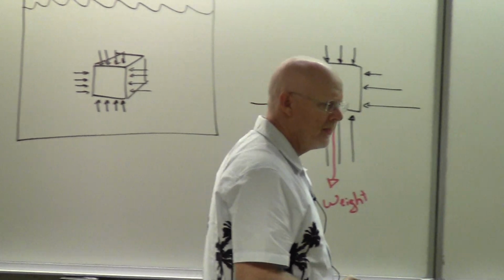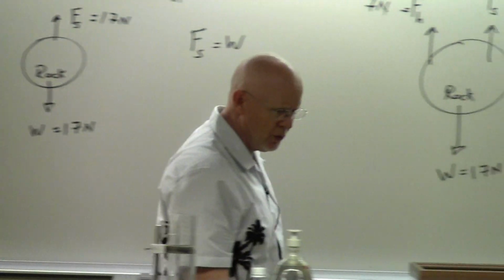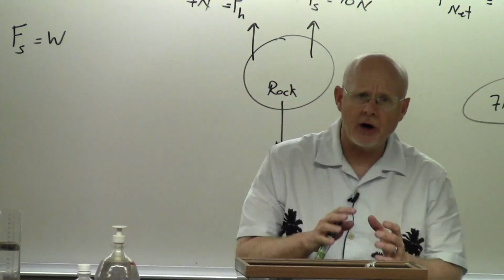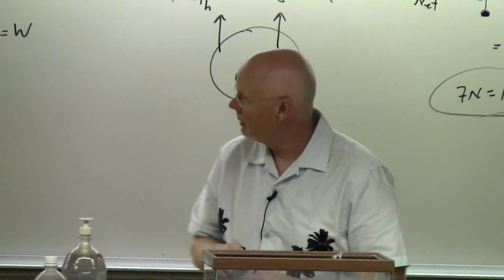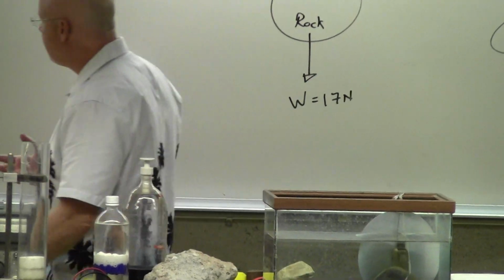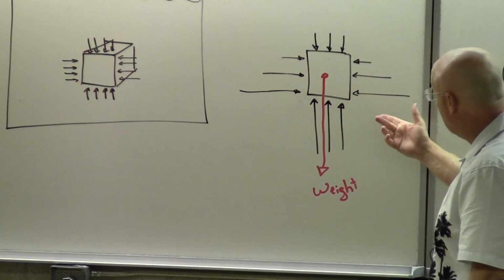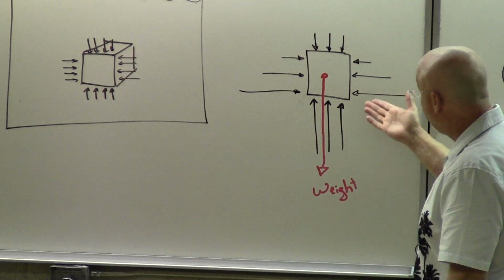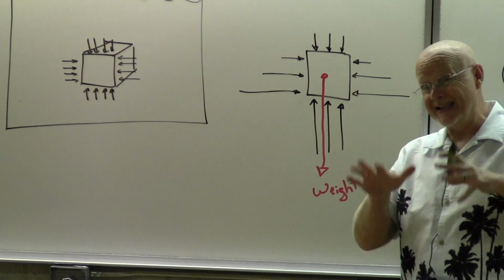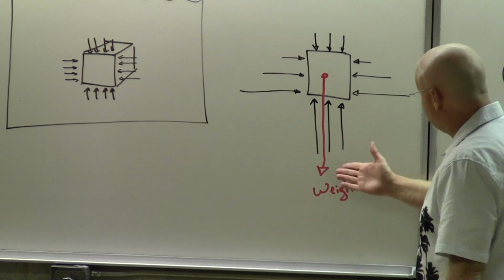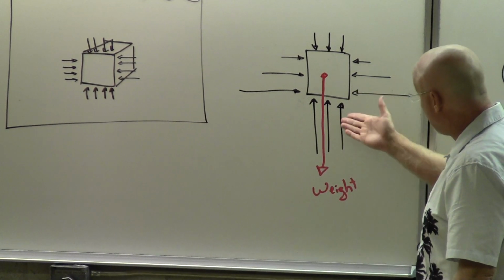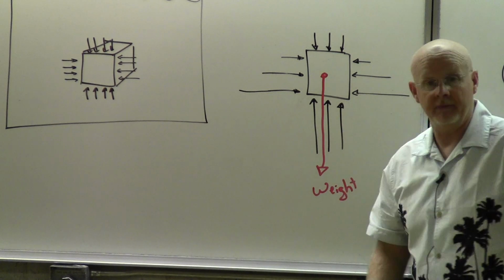Archimedes goes, how can we do that? You see, if we start here with the rock, we clearly see that there is an upward force. There is a buoyant force from the water, but ultimately the rock does sink. So I would say that the weight of the rock is more than the buoyant force.